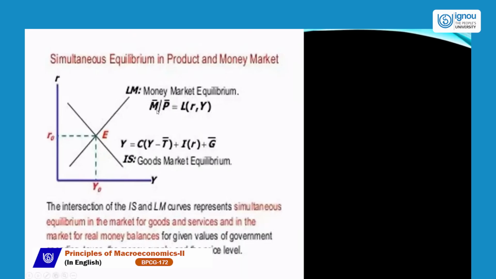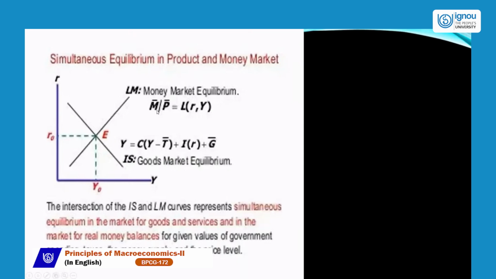You know that consumption is a function of disposable income, and disposable income is that income which is received by the person after paying direct taxes. So consumption depends upon disposable income. That's why we can write C of Y minus T, and we calculate disposable income by subtracting tax from income level.